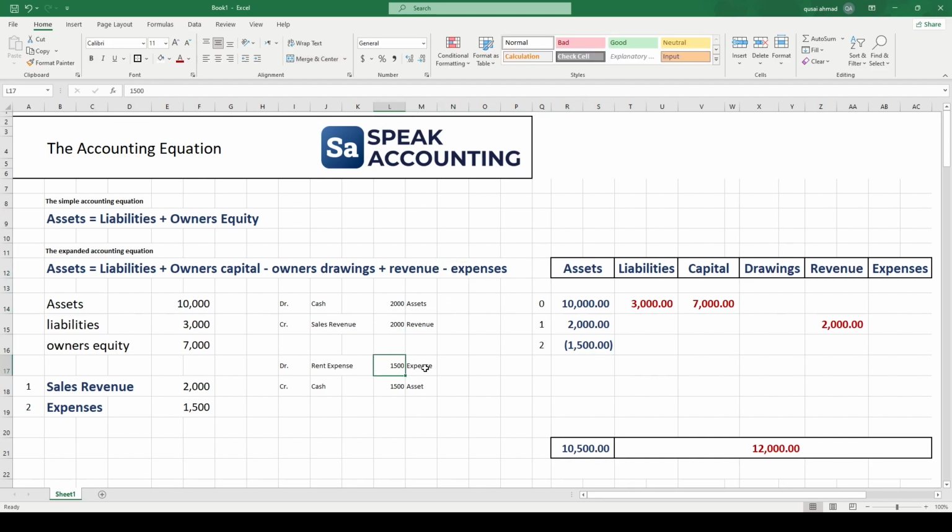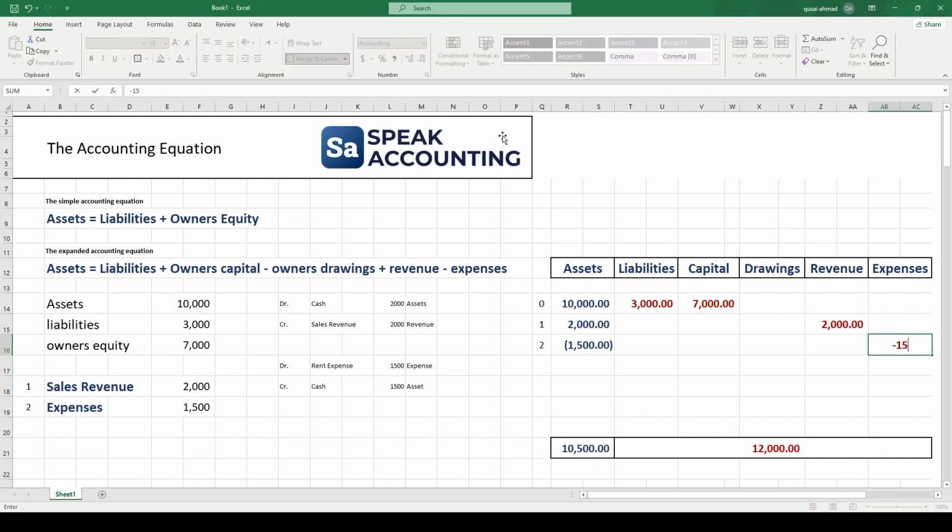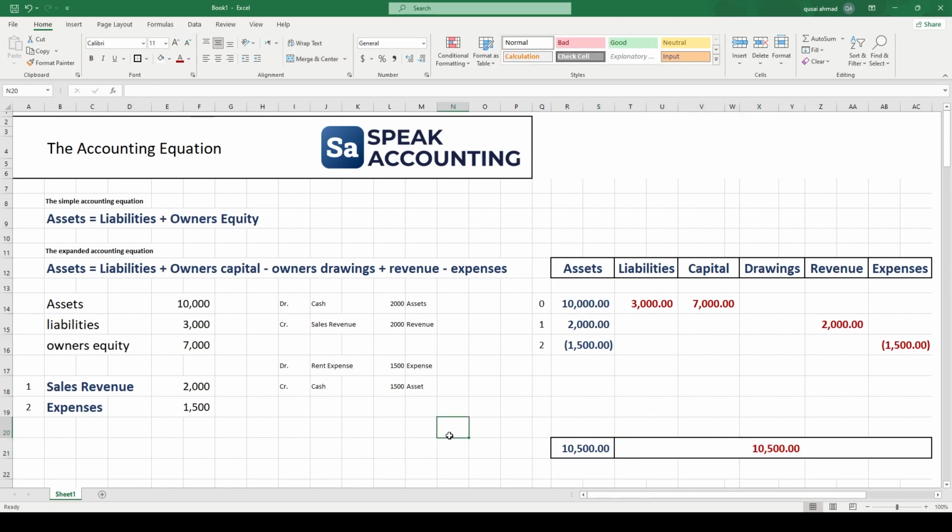We have a rent expense of 1,500, so we come to expenses, minus 1,500, and as you can see, here's the asset side, here's the owner's equity side, and the equation is balanced. And here's why it matters: knowing the equation is like having a financial GPS. It guides your decisions, helps you check your business health, and lets you talk numbers with anyone.